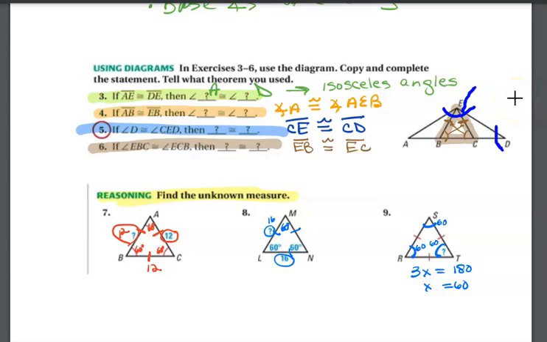If those two angles are equal, what does that tell us? Well, it's going to tell me that the opposite sides are equal. So CD equals CE. And look at the notation. Use your line segment notation. All right, so now we can focus on the last one.